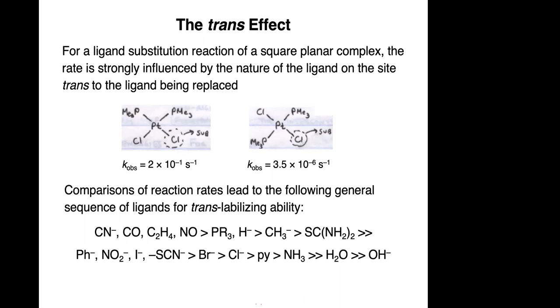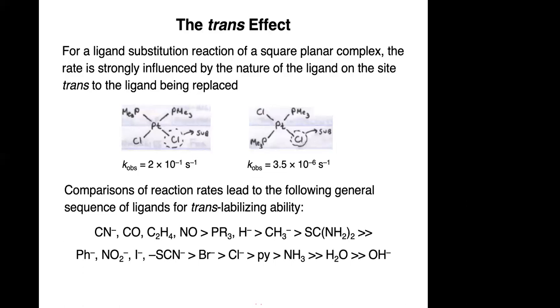And so at the left, you see things like cyanide, carbonyl, ethylene, nitrosyl, phosphine, hydride, methyl, etc. And then as you progress, you come to harder and harder species, coming to ammonia, water, hydroxide.